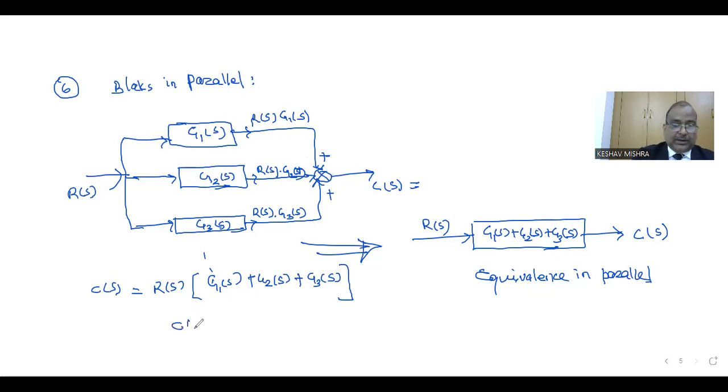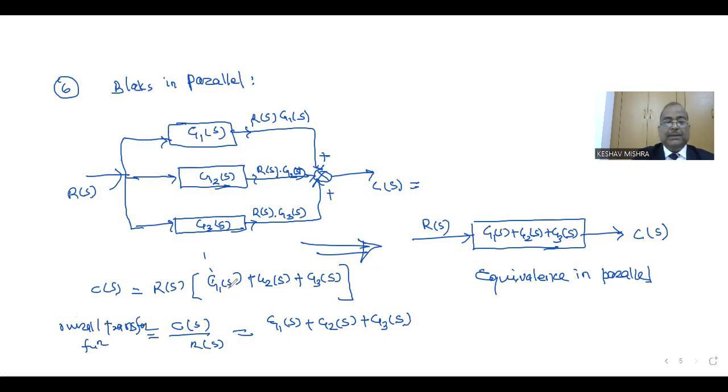Or this can be written as Cs upon Rs equals G1s plus G2s plus G3s. So this is the overall, or equivalent, transfer function for blocks connected in parallel.